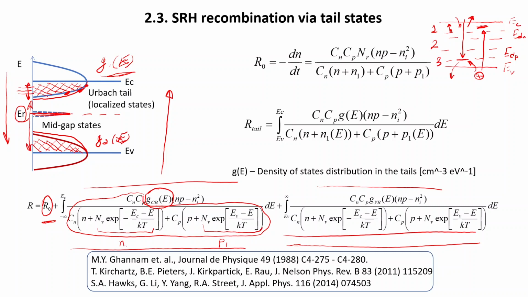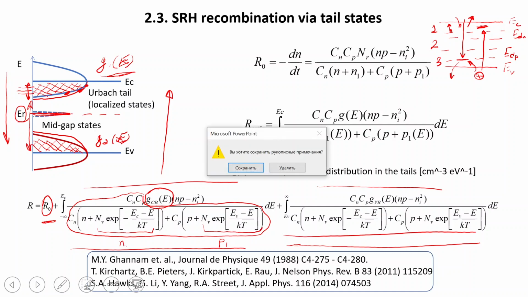So now, after giving you this qualitative description of demarcation levels, I would like to show how we will determine them quantitatively and consider where exactly they are located within the band gap for a given semiconductor. So let me go out from this presentation.